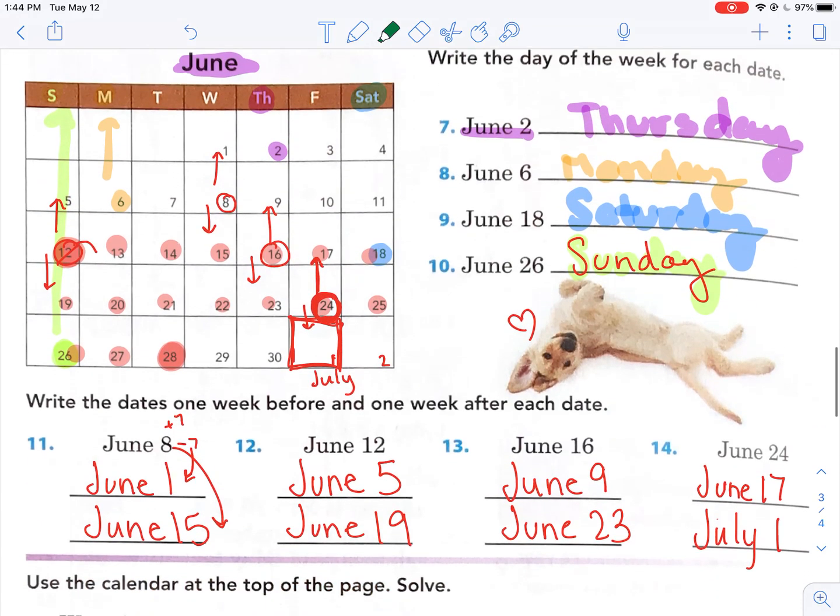Okay, so June 3rd. We're going to count. Don't count the day that you're on, remember? Don't count that one. You just count ahead. So let's count it. 1, 2, 3, 4, 5, 6, 7, 8, 9, 10, 11, 12, 13, 14, 15, 16, 17, 18. 18 days.